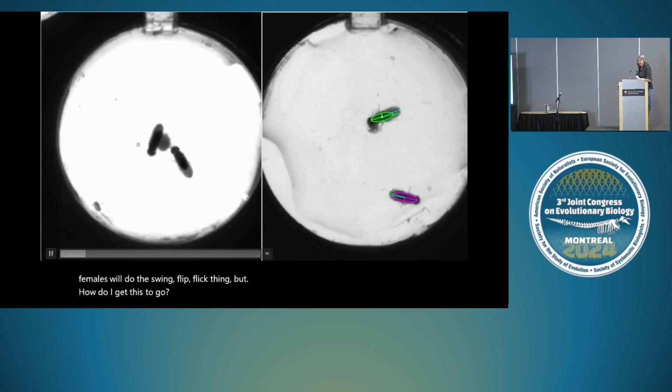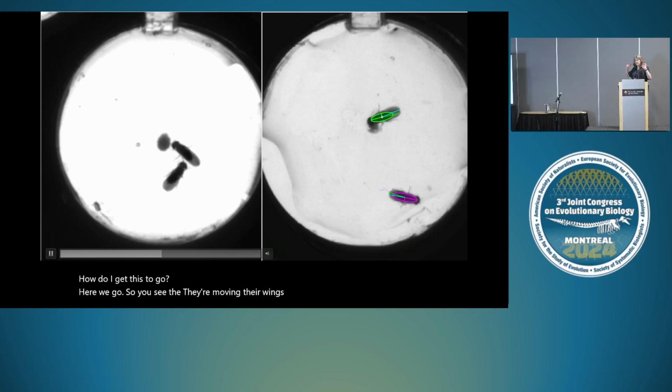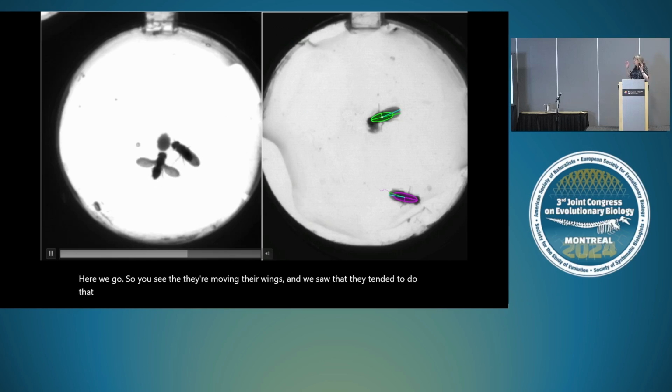There we go. So you see they're moving their wings, and we saw that they tended to do that more when they were facing each other and when they were near each other.